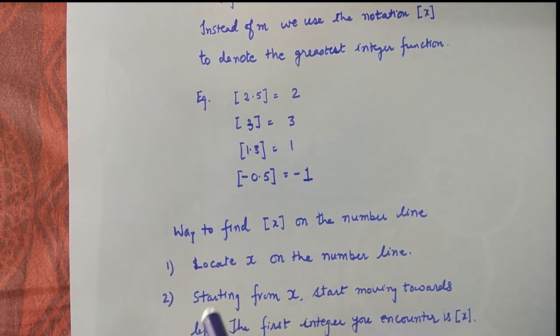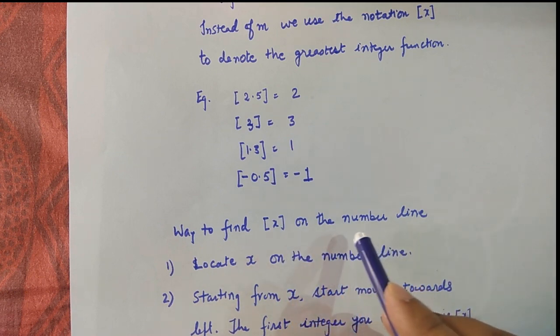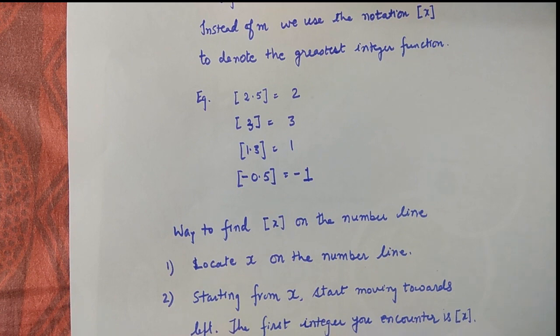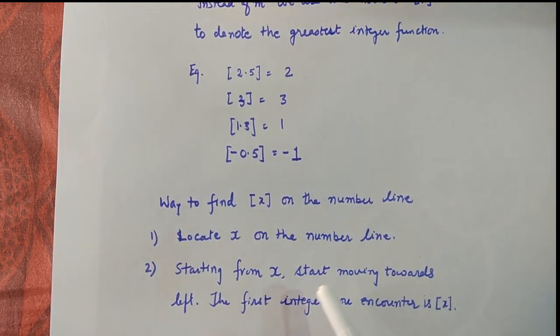There is a nice way to find out the greatest integer function of x on the real number line. We first locate x on the number line, and starting from x, we start moving towards left. The first integer we encounter is my greatest integer function, square bracket of x.